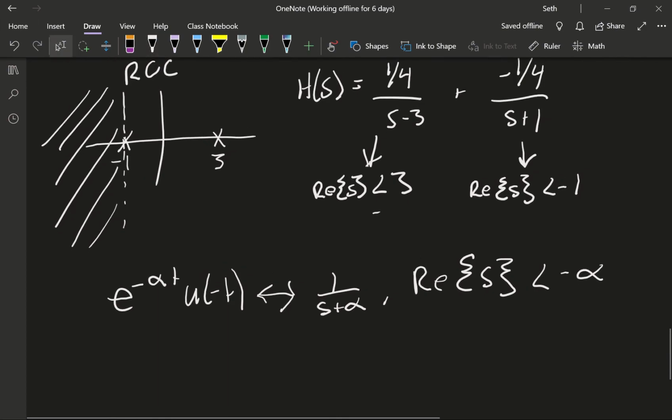Okay, so we can write h of t now. h of t equals 1/4.